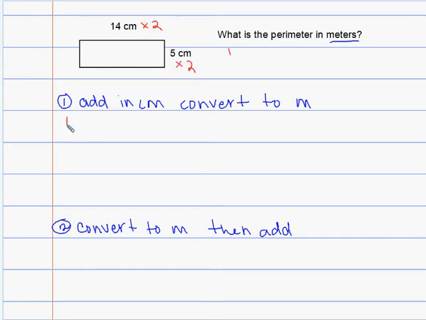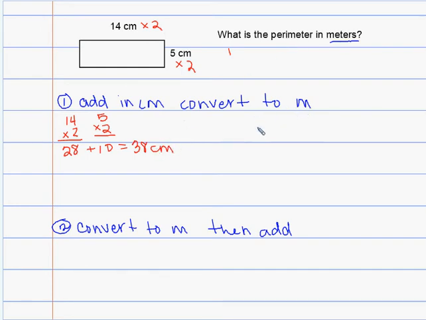So 14 times 2 would be 28, and 5 times 2 is 10, and I can add those together, and that gives me 38 centimeters because I used the centimeters. Now I can multiply this times 2 because there are 2 sides that are exactly the same length, and I'm going all the way around the figure. Okay, so 38 centimeters, but I need meters.